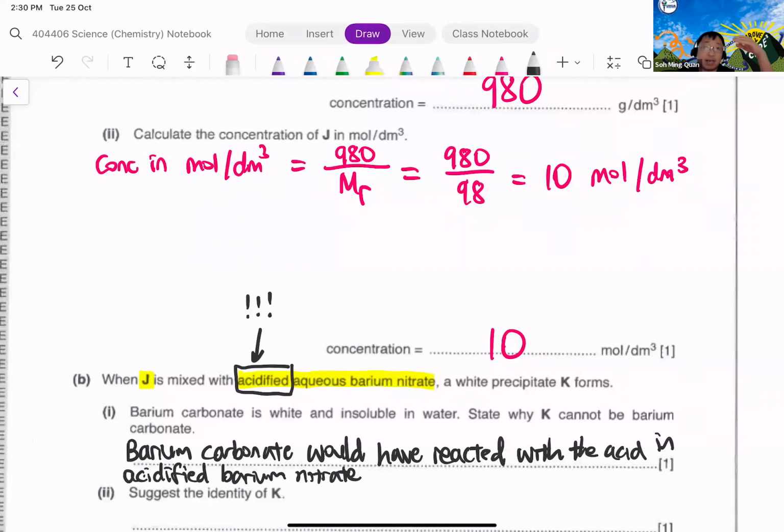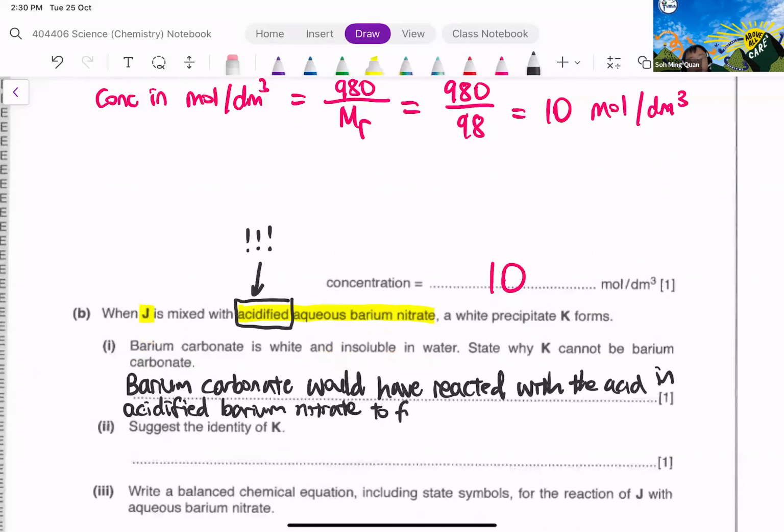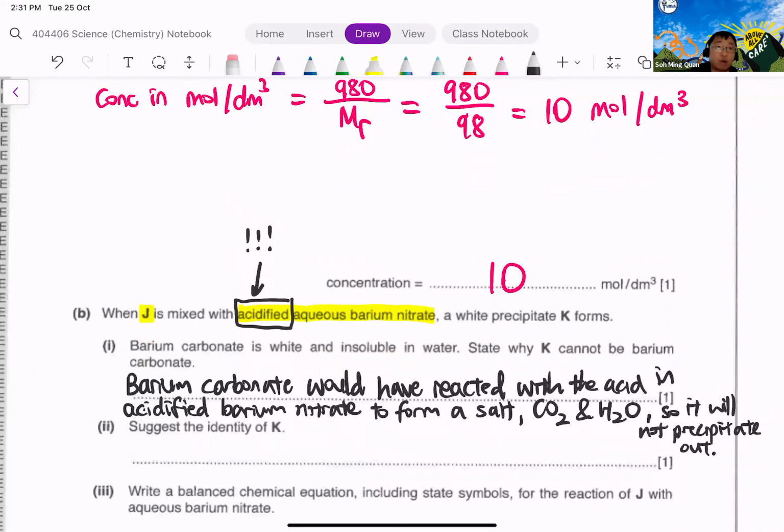Because it's a carbonate, it will react with acid to form a salt, CO2 gas, and water. So it will not precipitate out. It reacts with the acid to form a soluble salt, CO2 and H2O. So it will not precipitate out.